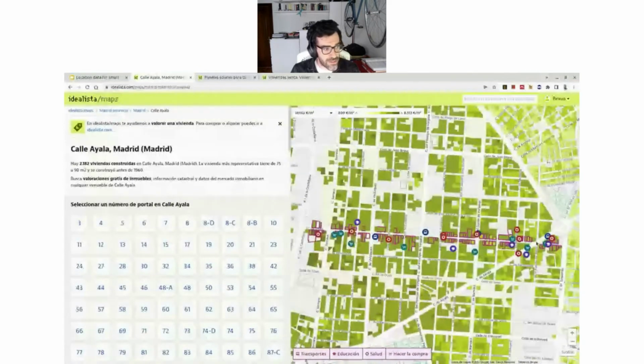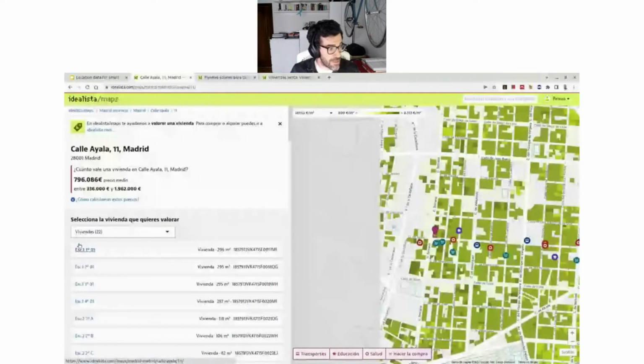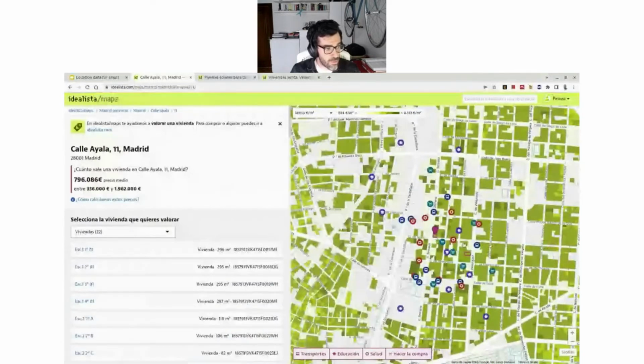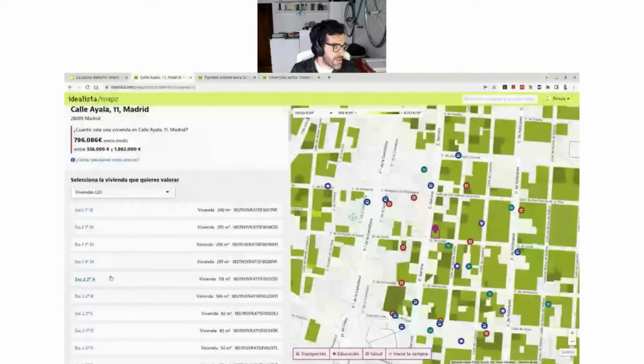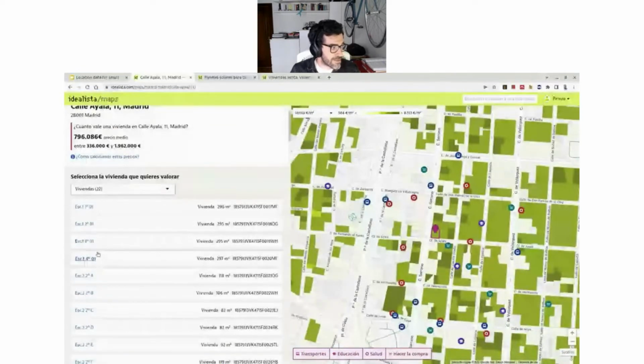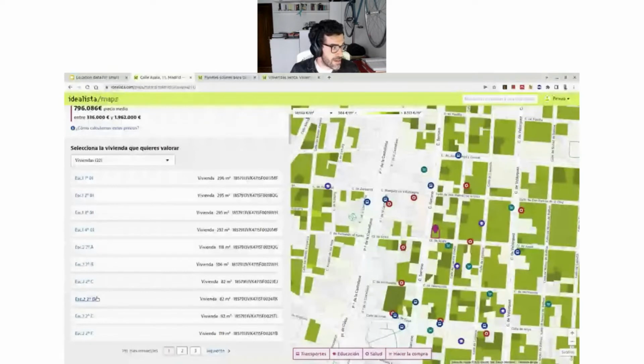Here we have this street with some points of interest, and we can go and check a particular building, for instance, number 11. When you go to number 11, you also get information about the different flats that are built here. These are quite large flats.